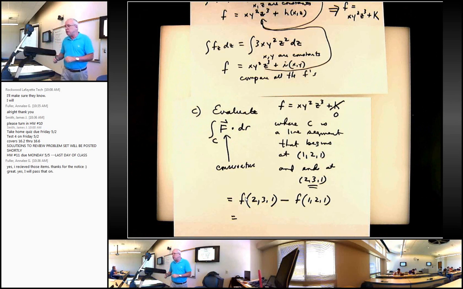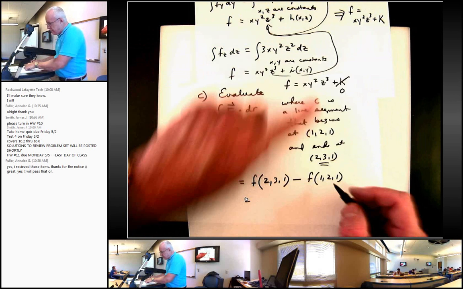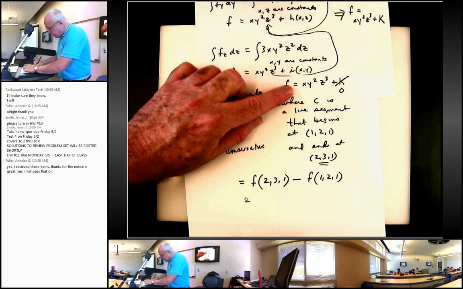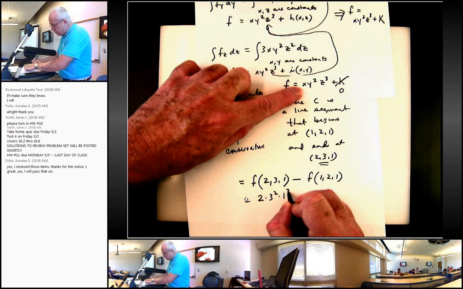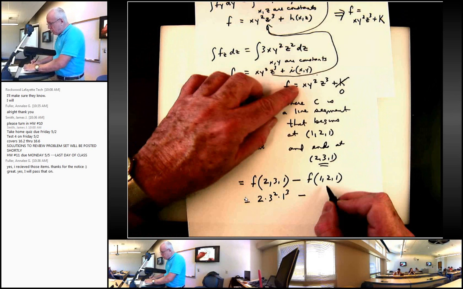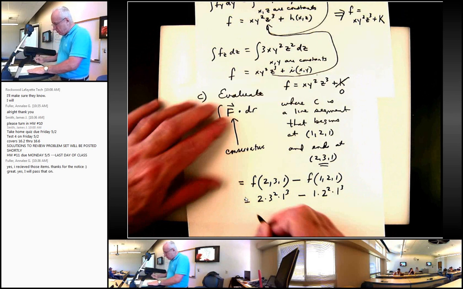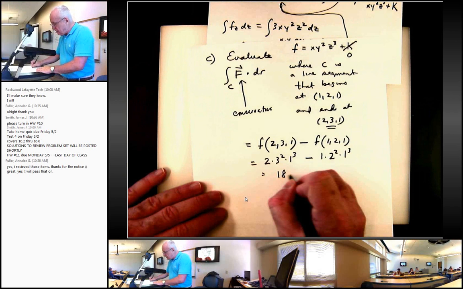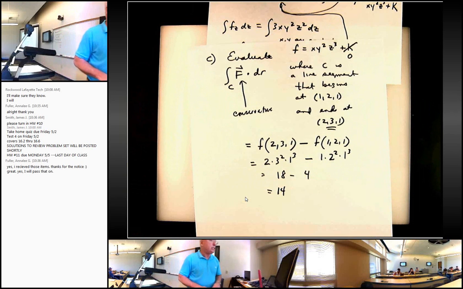So we plug 2, 3, 1 into x y squared z cubed: 2 times 3 squared times 1 to the third power, minus, at (1, 2, 1), 1 times 2 squared times 1 to the third power. So we get 2 times 9, 18, minus 4. Our answer is 14.